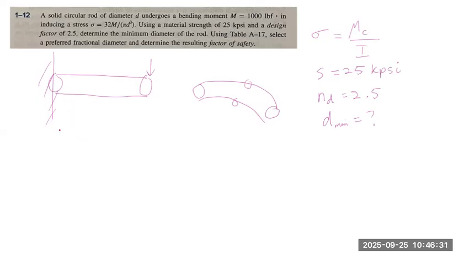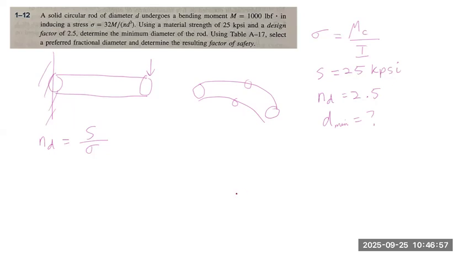So the design factor or the factor of safety is nd, and it is equal to the material strength over the stress. So the factor of safety nd for any material with the material strength S subjected to the stress sigma is given by nd equals S over sigma.